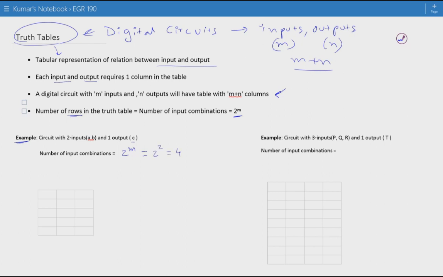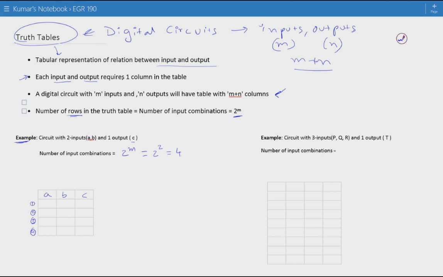So what we have here is a table, and as I said in point 2, each column represents an input or an output. Input A goes here, input B goes here, and output C goes here. If you see, you have 1, 2, 3, 4 rows in this truth table.